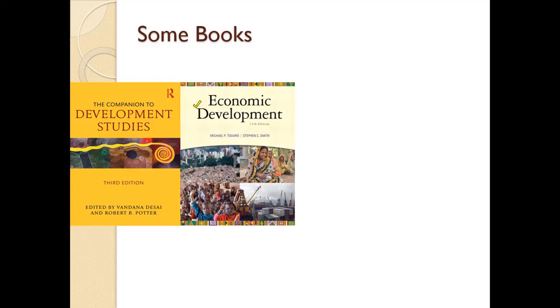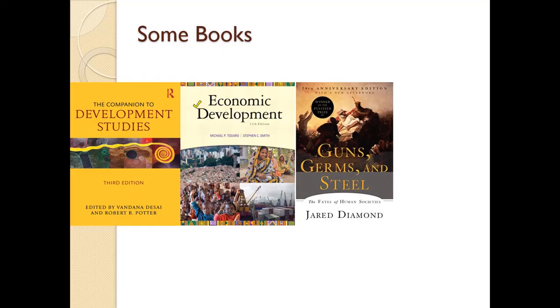There is one also by Todaro and Smith, basically talking about economic development, and in a moment we're going to look at how development from one dimension is equated to development. There is also Guns, Germs, and Steel by Jared Diamond, and it basically looks at the fates of human societies, looking at how societies have been changing, or what led to a dissection of developed versus developing countries, and some of the factors that have led to such changes.